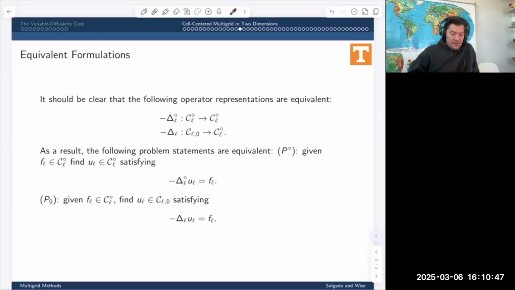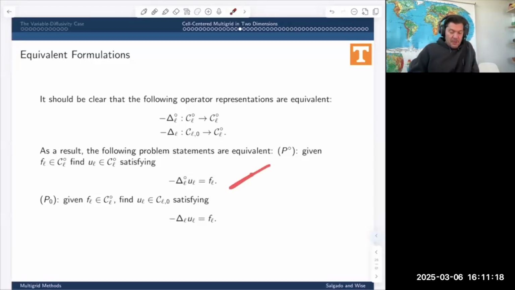So we came up with this equivalent formulation of the problem, which I called P superscript 0. I argued that it was equivalent to the original problem, which was this: you give me a function, and you're looking for a function that has the correct boundary conditions built into the space, not the operator, and satisfies this equation pointwise.